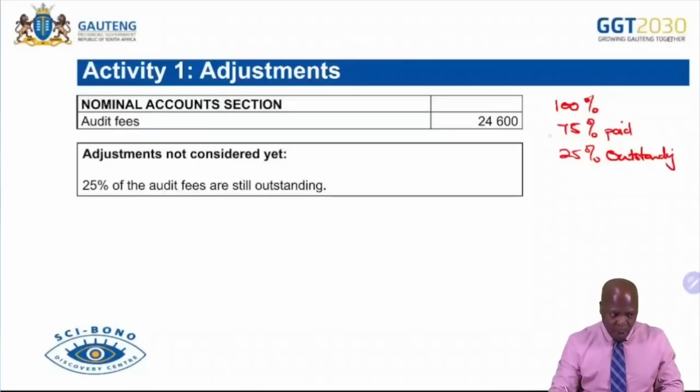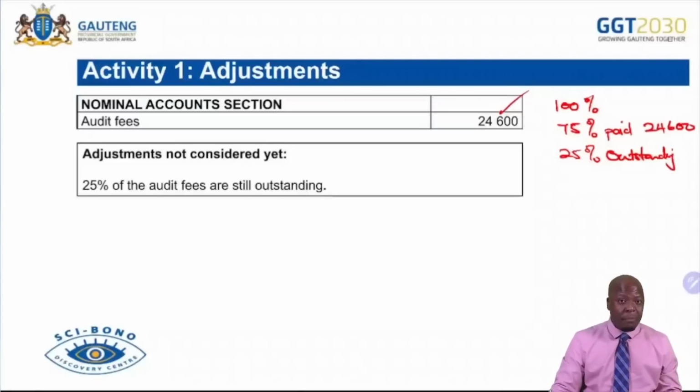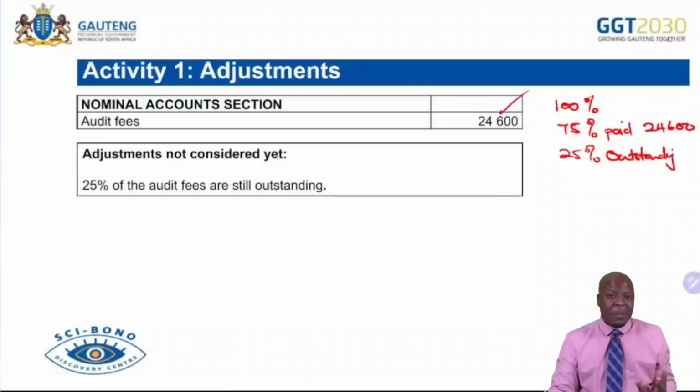So what we are given, therefore, the 24.6 is what has been paid. So this becomes your 24.6. We're going to use the same method that we've been using from the beginning of this class. What is it that you want? Let's get the outstanding amount because it's easy.